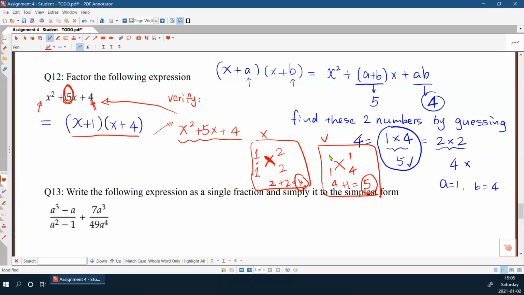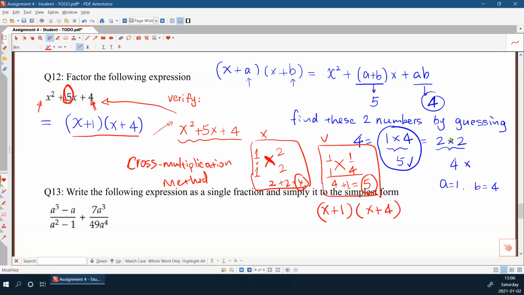These are the coefficients of the terms: 1, 1 means x plus 1, and 1, 4 here means x plus 4. So this method is called the cross multiplication method.